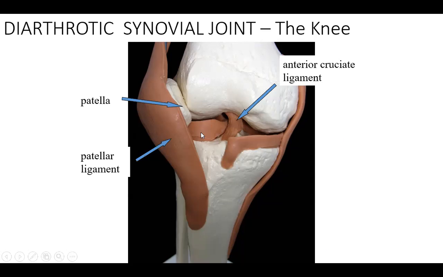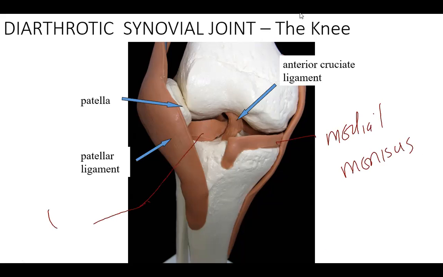Back here, this is a meniscus here and here. In fact, this is the medial meniscus, and this is the lateral meniscus.